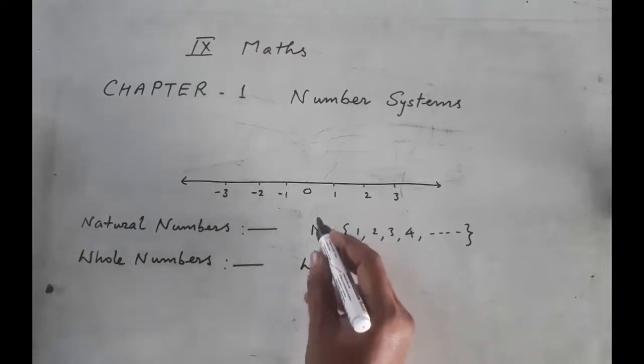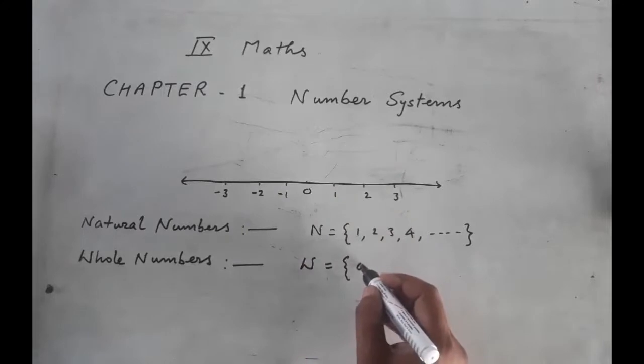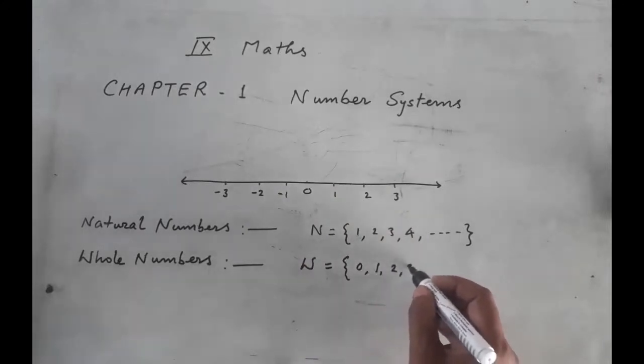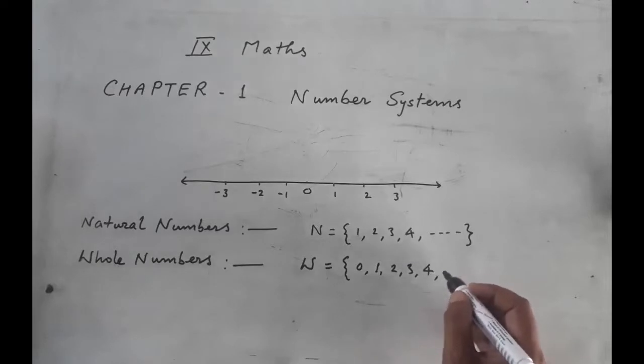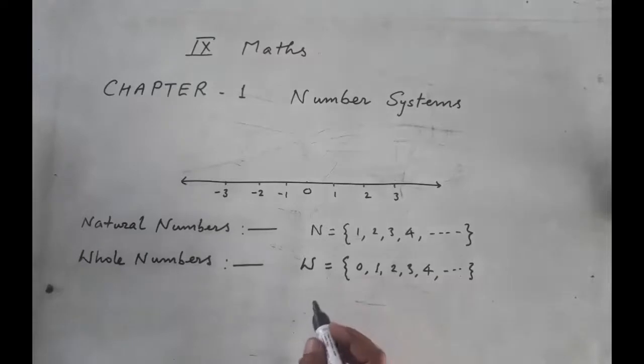In natural numbers you include 0. If we include 0 in 1, 2, 3, 4 and so on, that is called whole numbers and it is denoted by W.